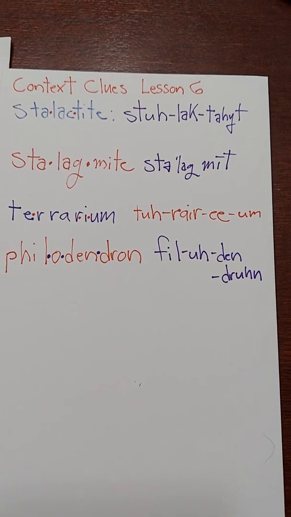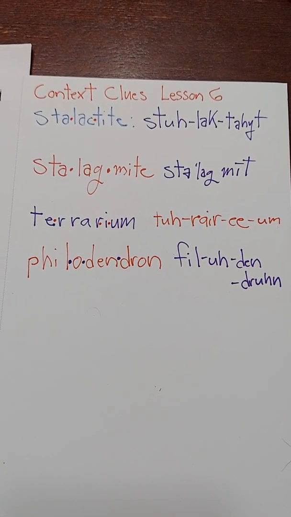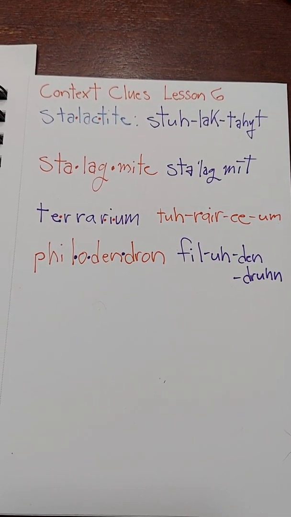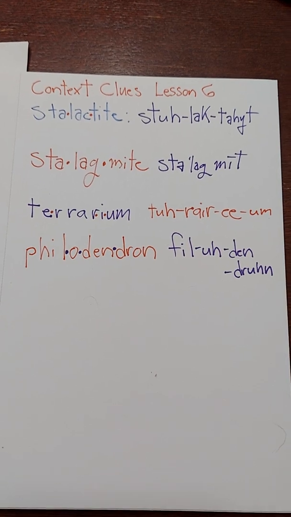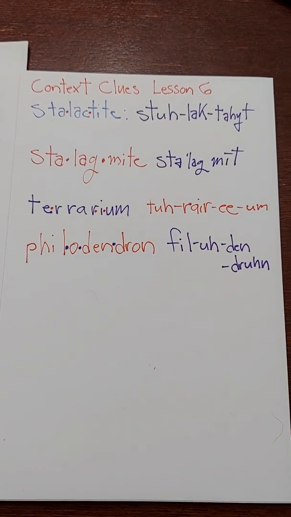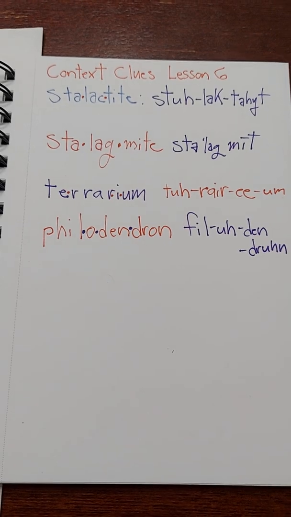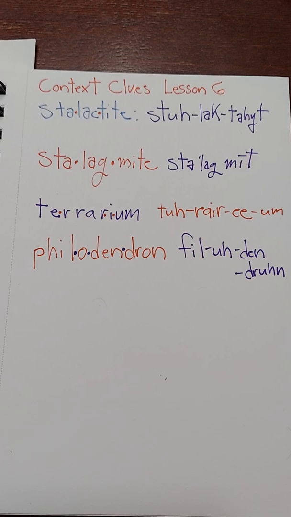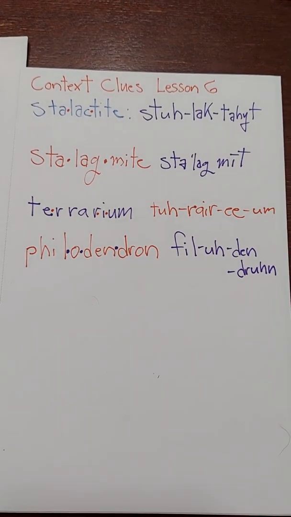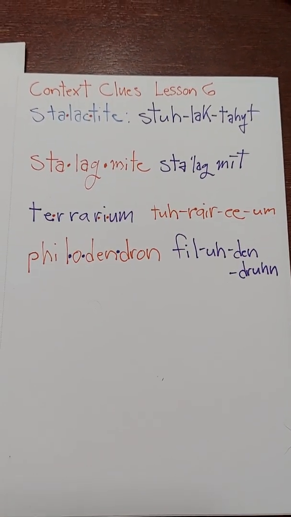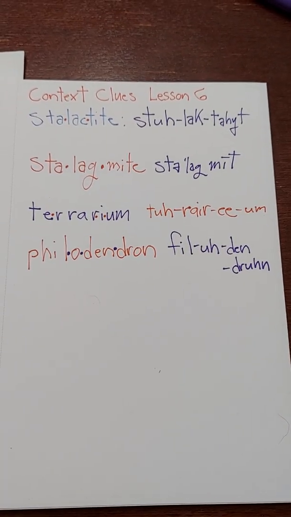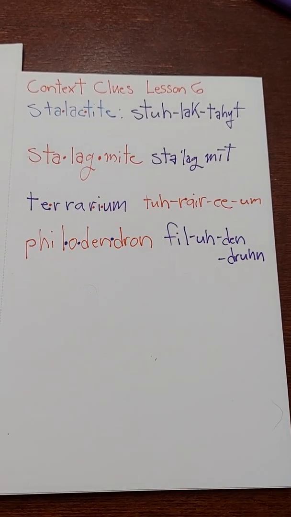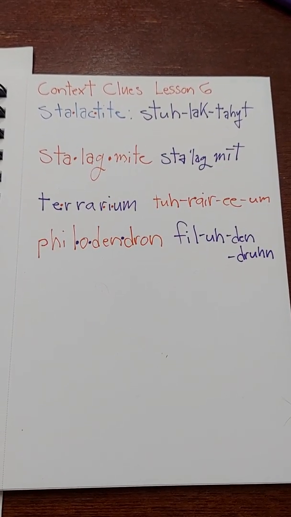Notice the upside down E there, which is called the schwa, is the same sound as uh. So sometimes they'll put the UH for the sound. Sometimes some dictionaries will put the upside down E. Also on stalagmite, you see the I after the M. That's a long I. When you see a straight horizontal line above an I without a dot, that makes the I sound as in line, fine, mine.